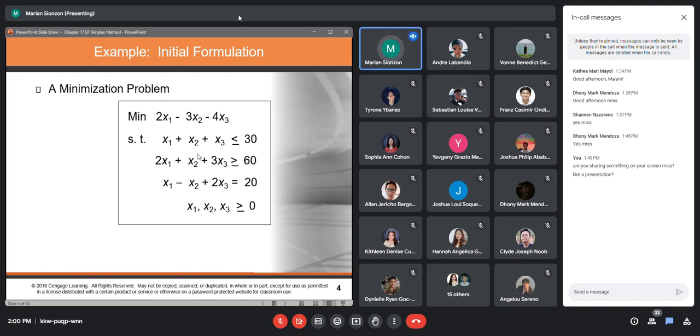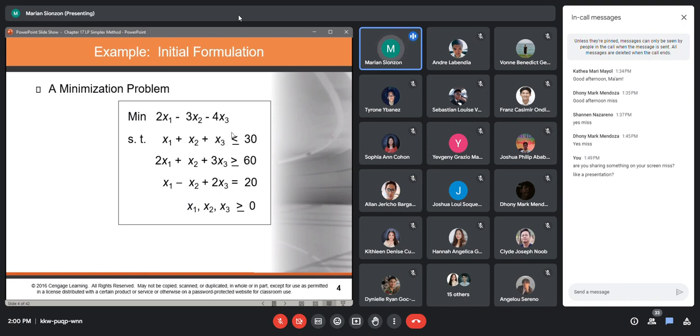Now, how does a slack variable behave? For example, this is less than 30. Let's say that if you add the first plus the second plus the third, it is 28. 28 is less than 30. How do you make it equal?